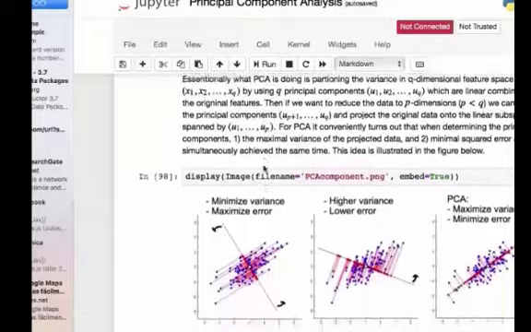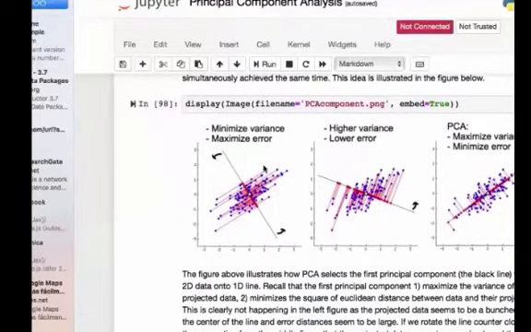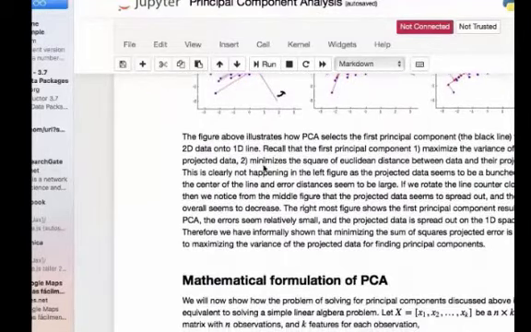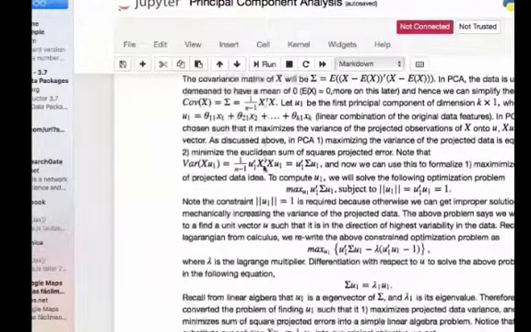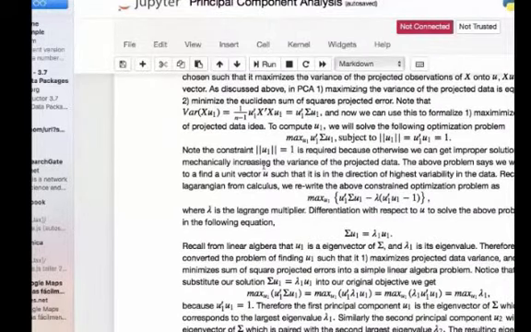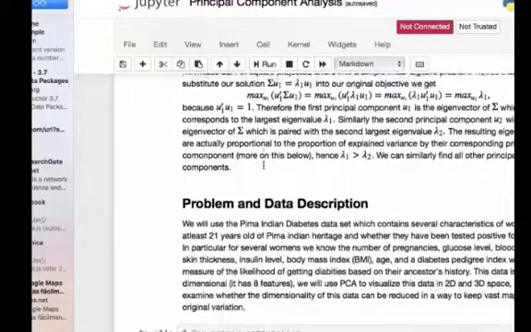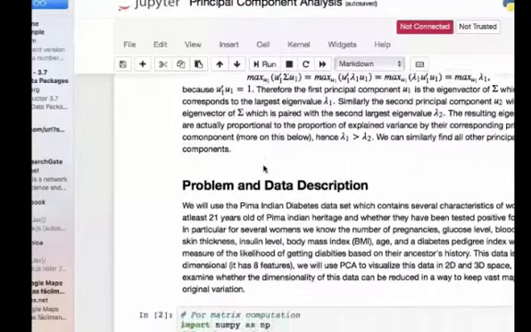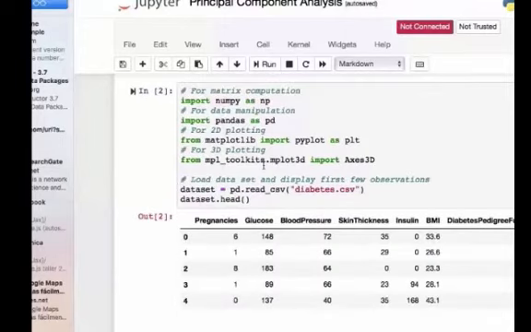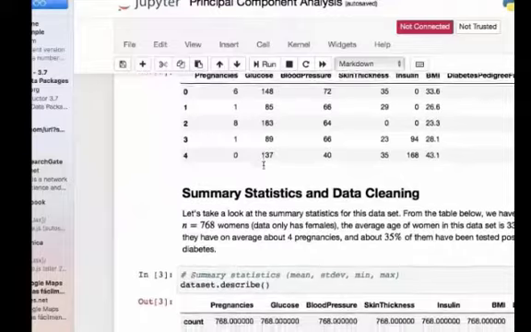They explain PCA and then propose an implementation. They use a database about women who tested positive for diabetes. They apply PCA to visualize the data in 2D and 3D space.